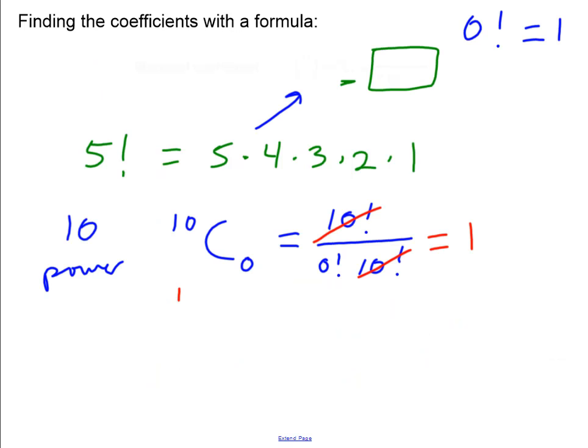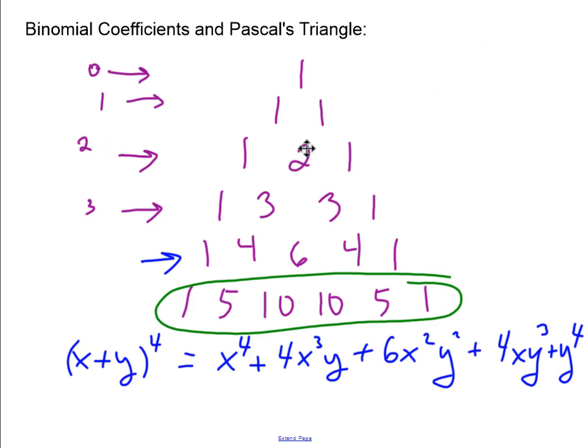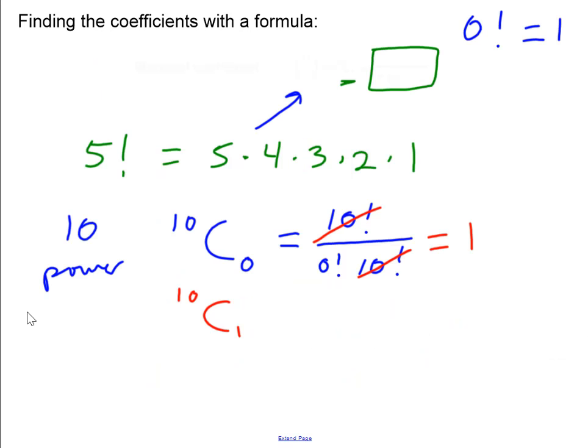And if I want to find the next term, which again I expect to have a value of 10, because if I look at my triangle, whatever the power is, the second term in the row always has that same value. So let's check our formula here. It's going to be still 10 factorial divided by 1 factorial, which is also 1. It's just 1.